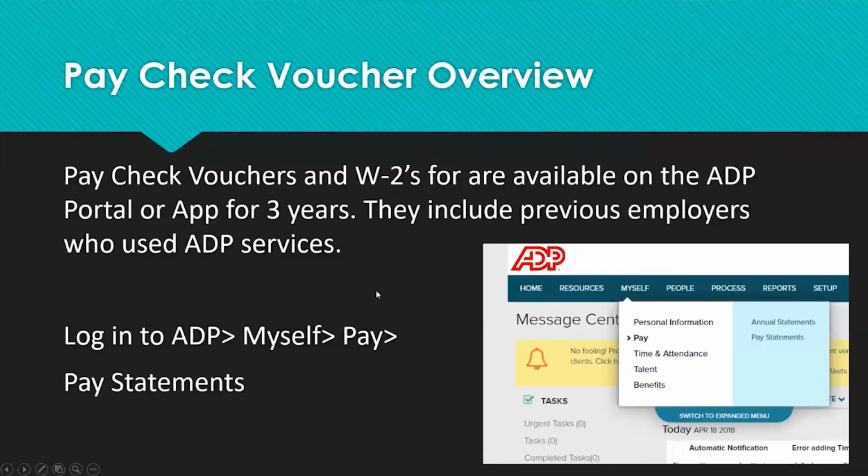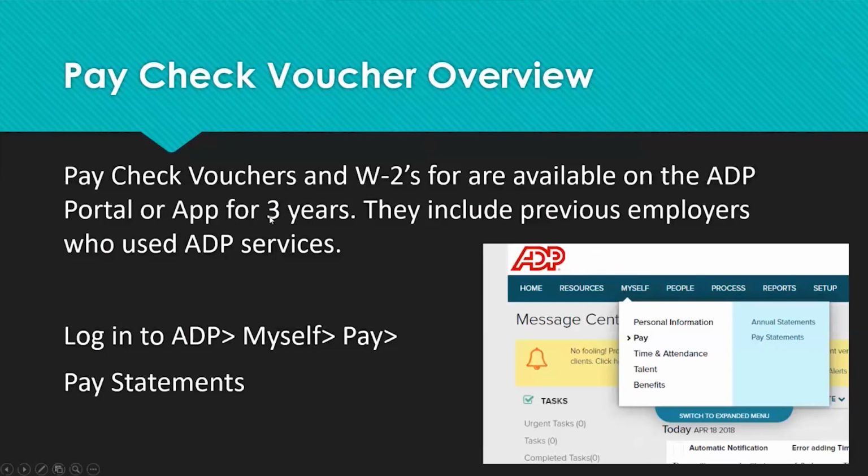You can also do a paycheck voucher overview. For paychecks and W-2s, they're available on ADP Portal or the app for 3 years. They include previous employers who used ADP services as well. You'll log into ADP, click on Myself, and then Pay, and you'll choose either pay statements or annual statements.